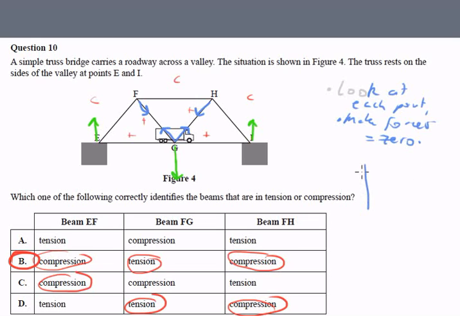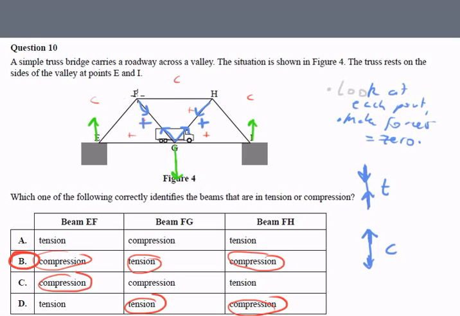Anything where there's a beam and the forces going inwards, they're pulling inwards because they are tension, like a rope. Pulling inwards, that's what a rope does best, it pulls things. If you have a beam and the forces are pushing outwards, you have something under compression. So all of a sudden we've got this one here in tension and this one here in tension. Alright, that makes sense. Good stuff.